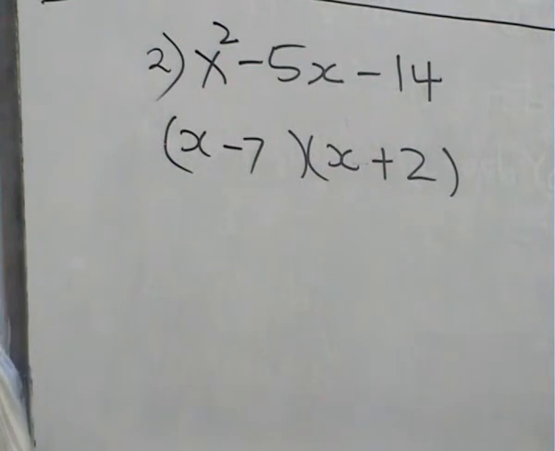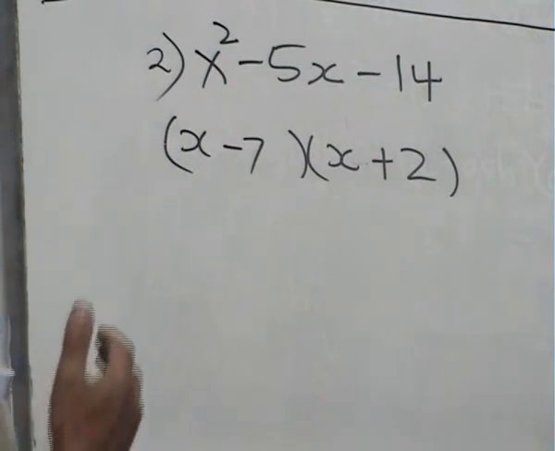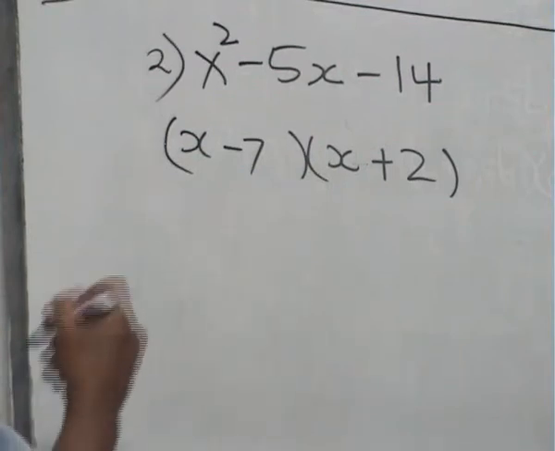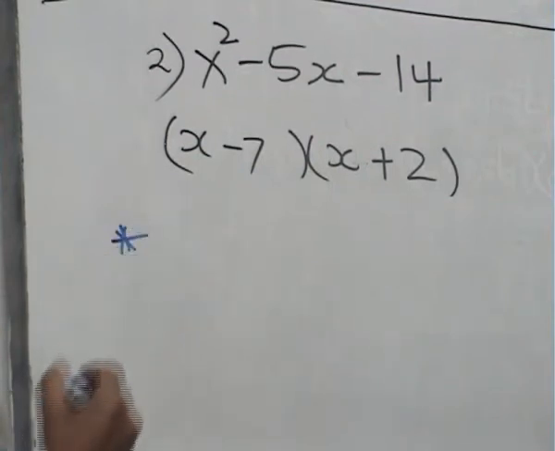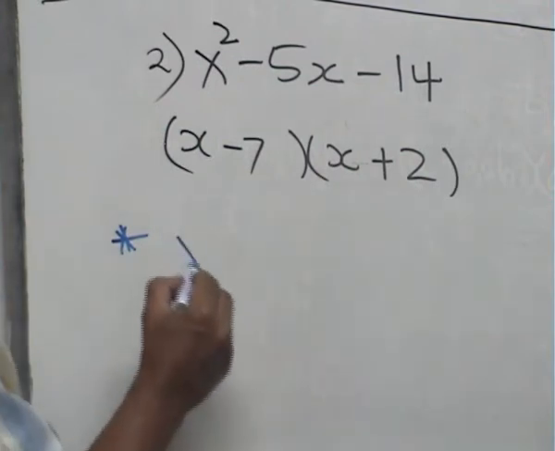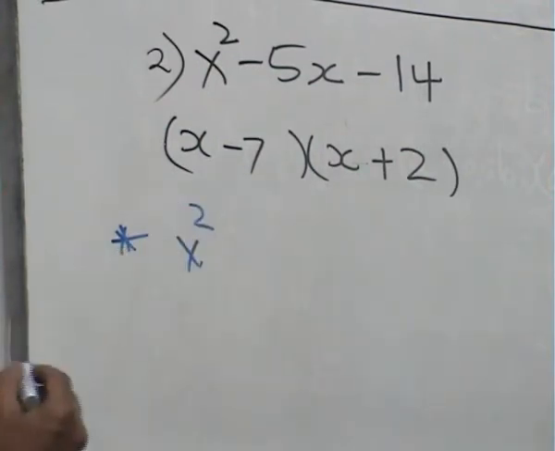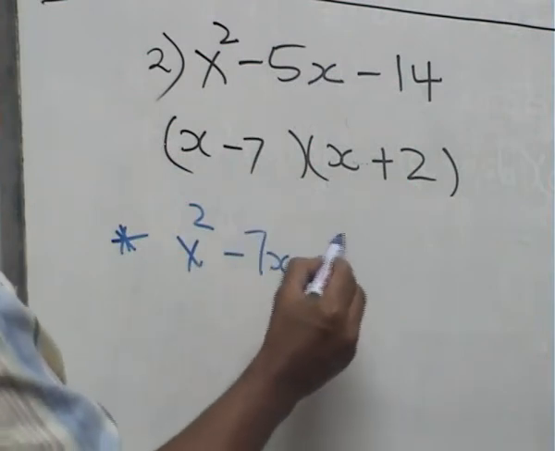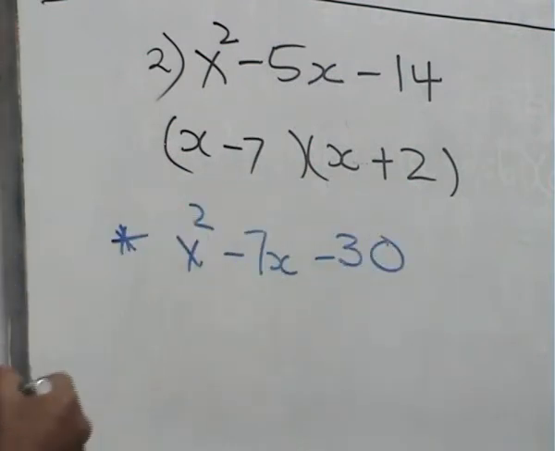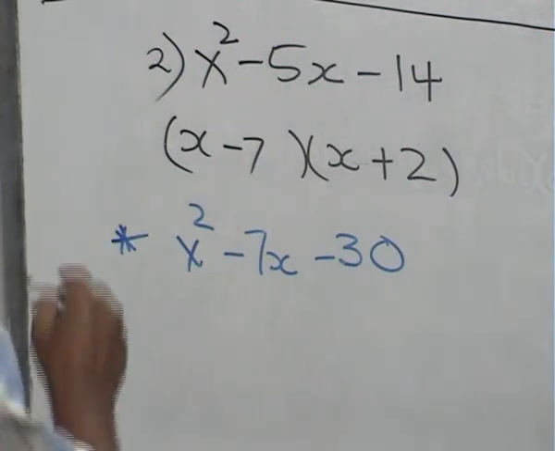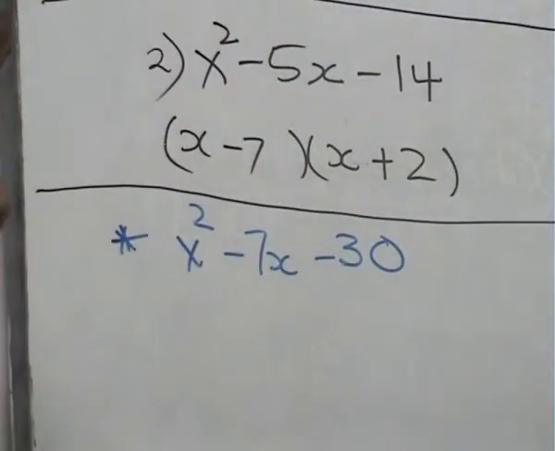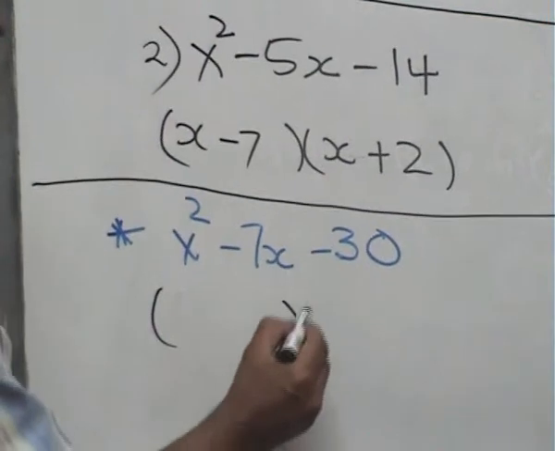Now what I'm going to do, I'm going to ask you to try some examples. What I'll do, I'll just do one extra, a bonus example. Suppose I had x squared minus 7x minus 30. So, if I had that question, there will be two brackets.